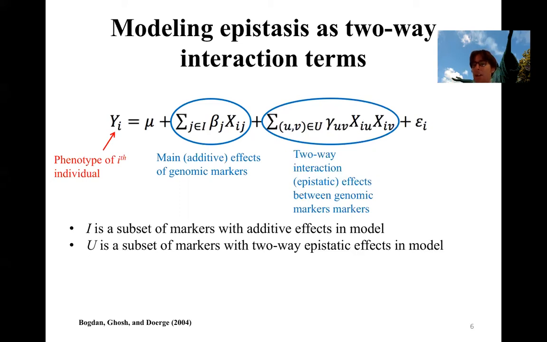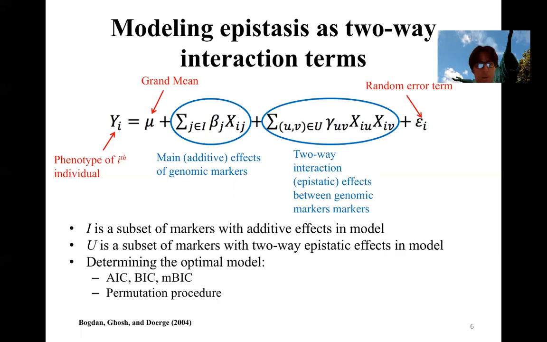And then also we pick pairs of markers that multiply with each other and have an interaction term which contributes to the variability of our trait. These two-way interaction terms are our epistasis, okay? And then we also have our statistically important grand mean and random error term.